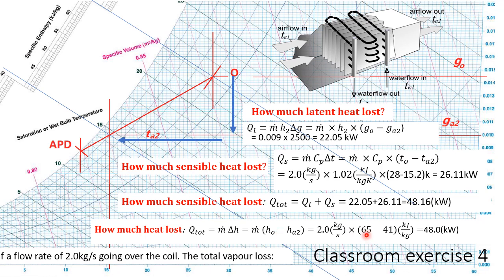And the mass flow rate is 2.0 kilogram per second. Then the enthalpy change is from 65 to 41. Unit is kilojoule per kilogram. Kilogram cancels. Kilojoule per second is kilowatt. So we got 48.0 kilowatt. Compared with these two, they are very close.